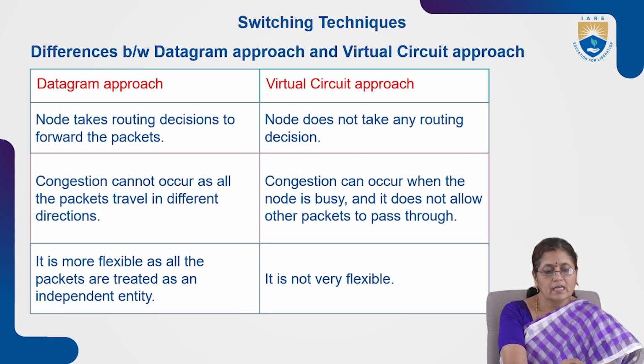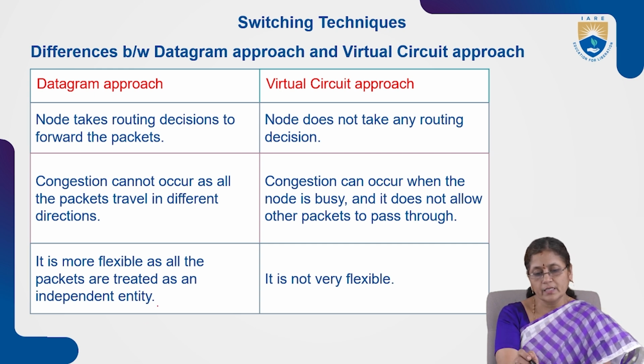In datagram, congestion cannot occur as all the packets travel in different directions. In the virtual circuit approach, congestion can occur when the node is busy and does not allow other packets to pass through. The datagram approach is very flexible as all the packets are treated as independent entities, whereas the virtual circuit is not very flexible.